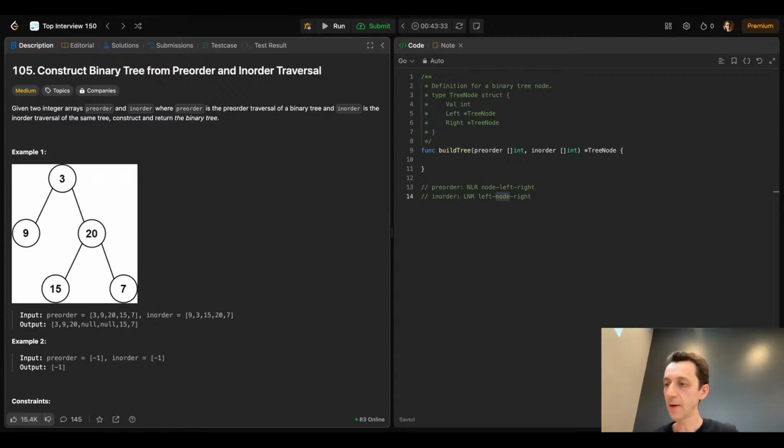Interim, is that the word? Intermediate, interim, in terms of time.